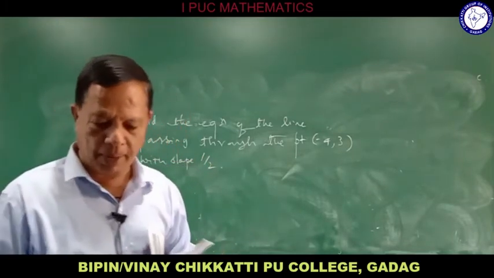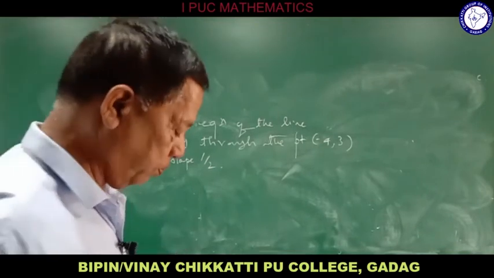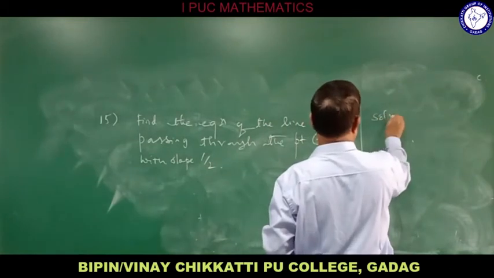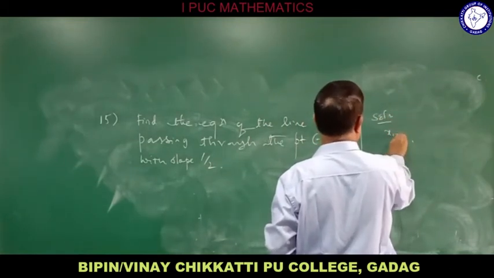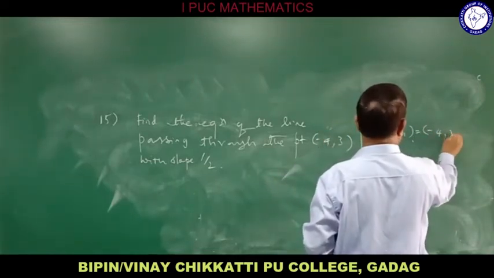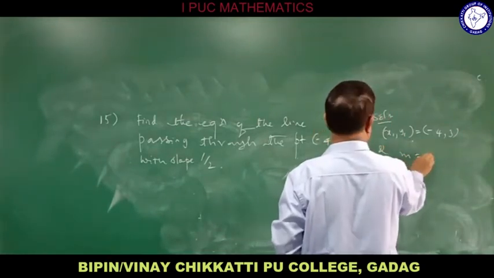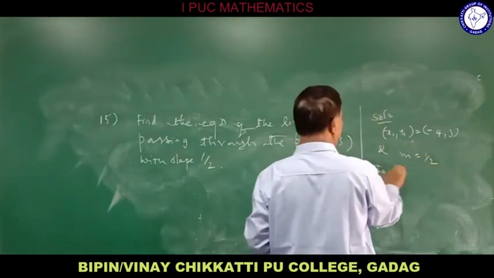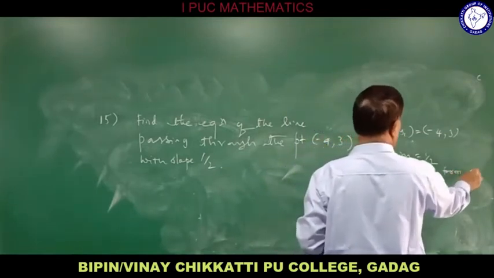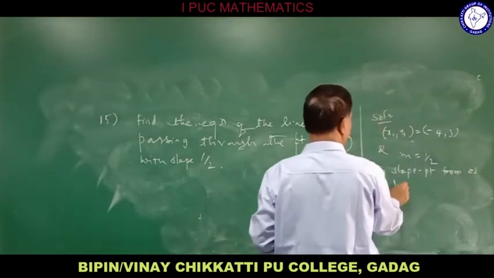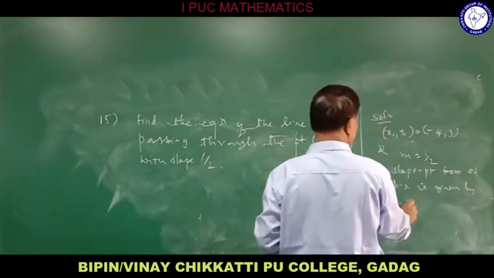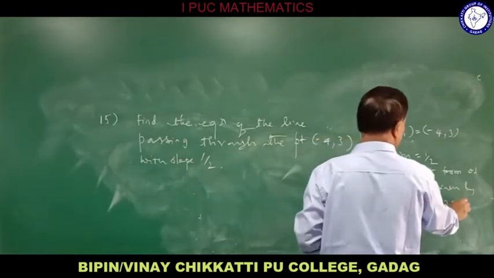This is the point-slope form, and accordingly you can use that formula. What is the point here? Given x1, y1 is the point minus 4, 3, and the slope is given as 1 upon 2. The point-slope form of a line is given by y minus y1 is equal to m into bracket x minus x1.